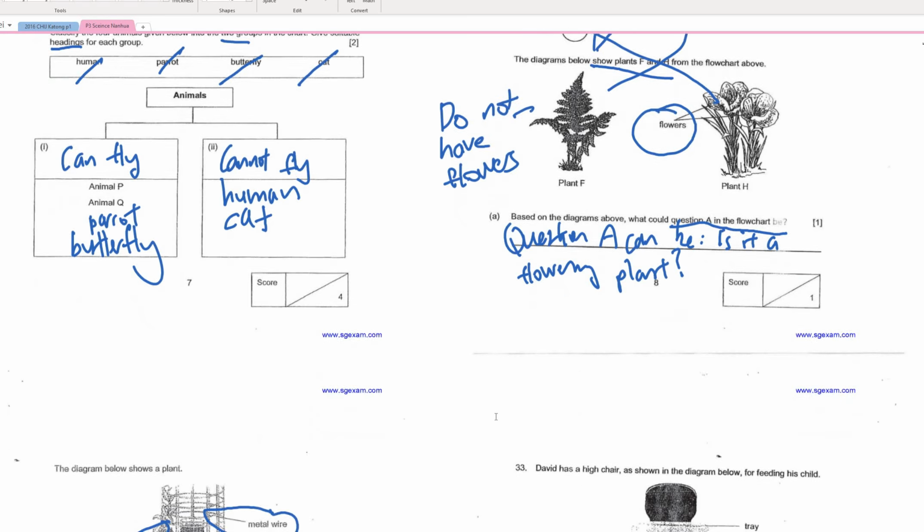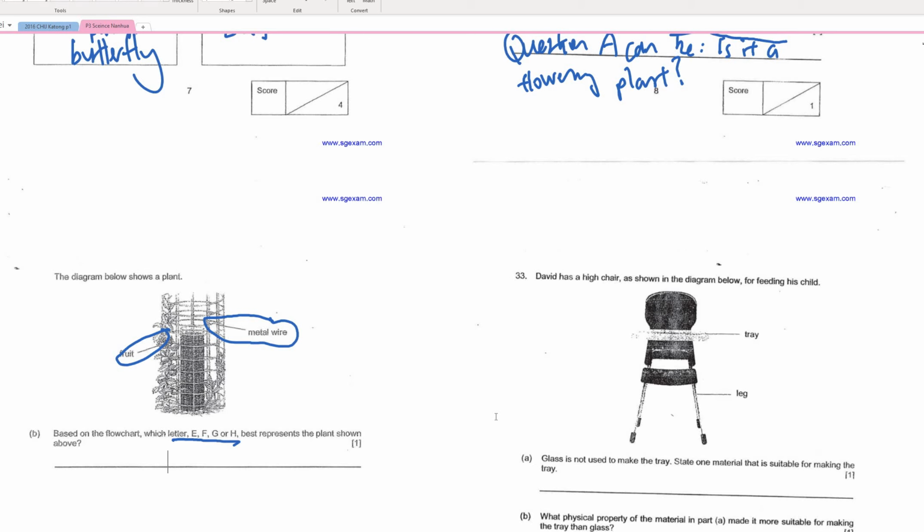Okay, so if we take a look at the diagram carefully, we can see that this plant needs support from the metal wire.